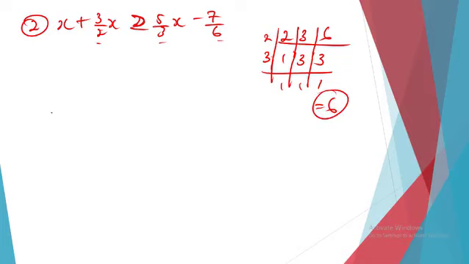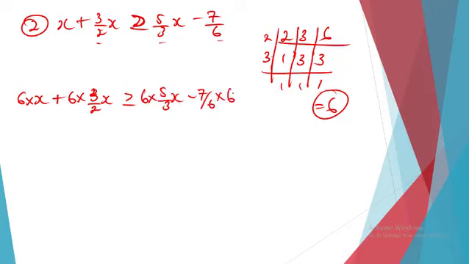And that will give us 6 times x plus 6 times 3 over 2x is greater than or equal to 6 times 5 over 3x, then we have minus 7 over 6 times 6.